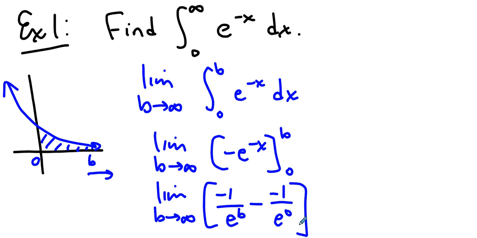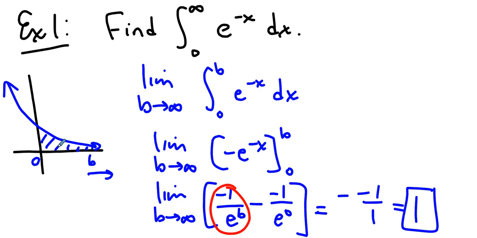So what happens to this thing as b gets large? Well, as b gets large, this goes to 0. And you're left with negative negative 1 over 1, that's 1.